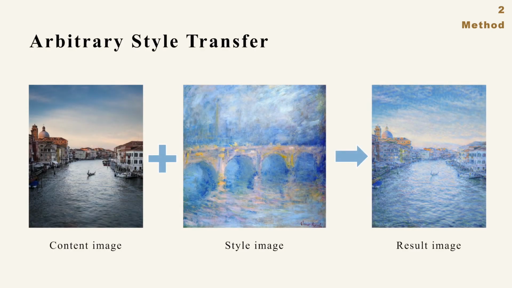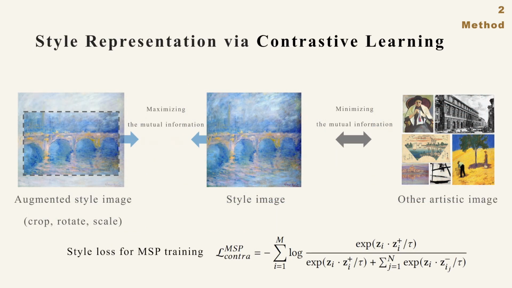Next, we will describe how to jointly train the multi-layer style projector and style transfer networks with a contrastive learning strategy. The multi-layer style projector learns the visual styles of images by maximizing the mutual information between the positive samples, which are style codes of an artistic image and its augmented version, and minimizing the mutual information between negative samples, which are other artistic images.